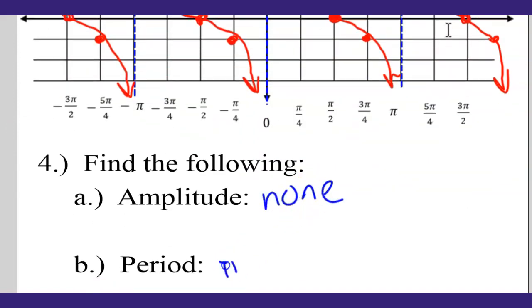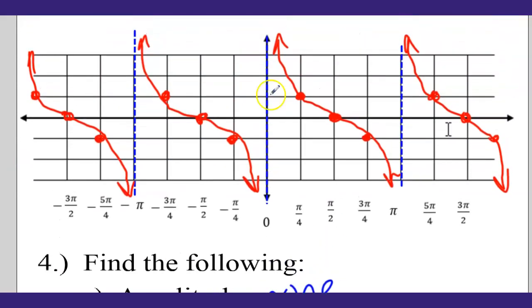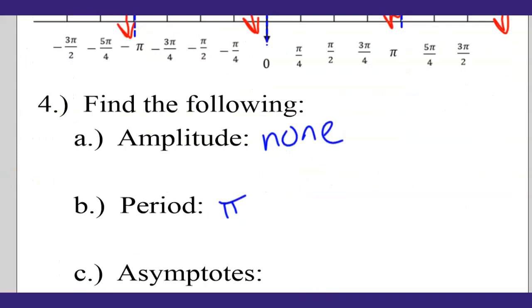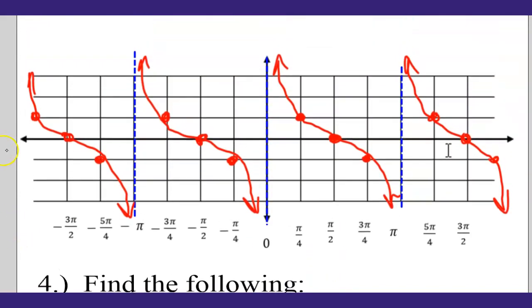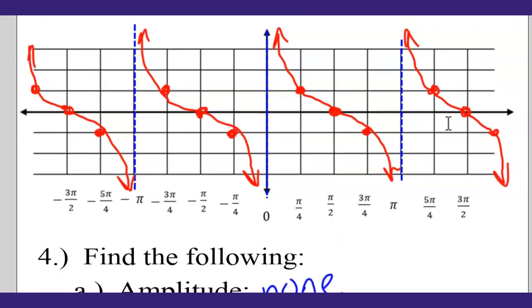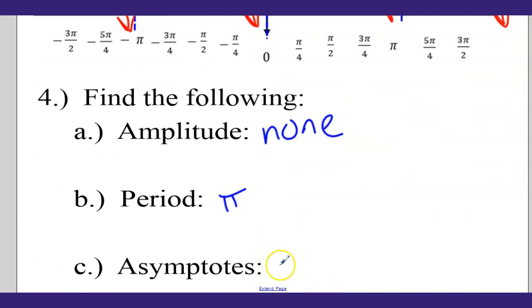The period from 0 to pi is pi, so the period is pi. And I say 0 to pi because there's an asymptote here and an asymptote here. And then where are the asymptotes? Well, the asymptotes lie on any pi n value, for any integer n.